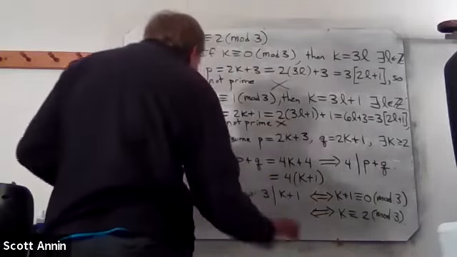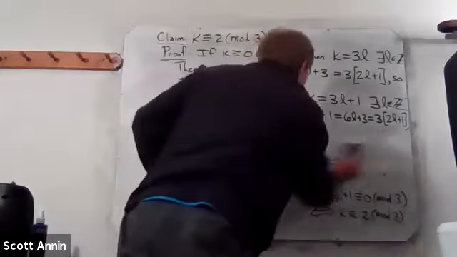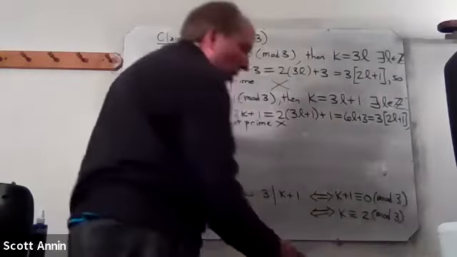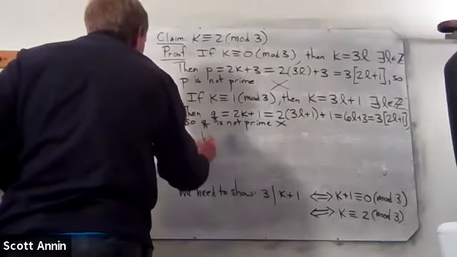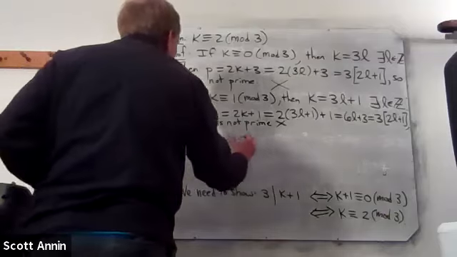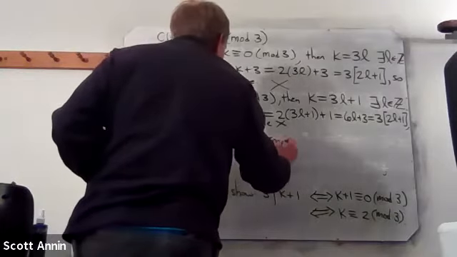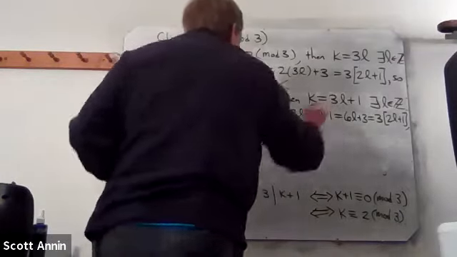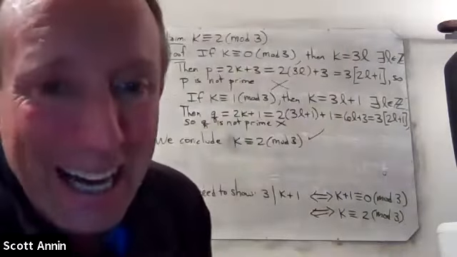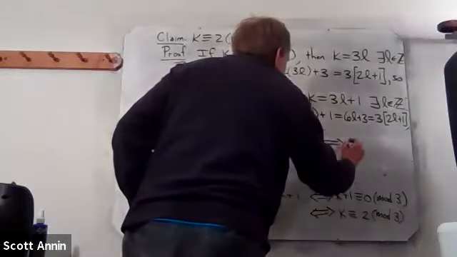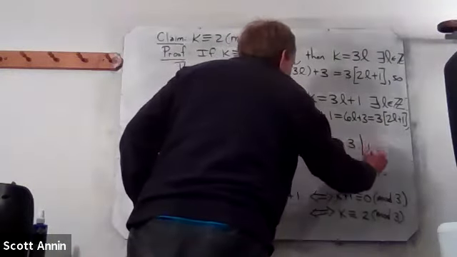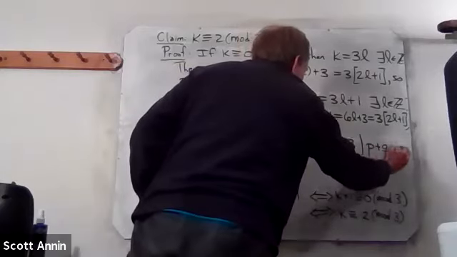And so basically, after you throw out those cases, we can conclude the only other possibility that's left is that k is congruent to 2 mod 3. And from there, we actually do manage to get that. That basically does allow us to prove that 3 divides p plus q.